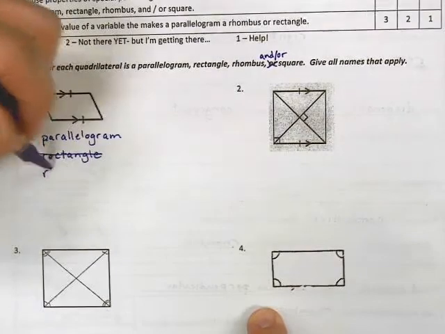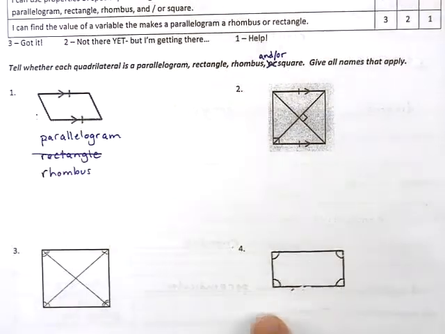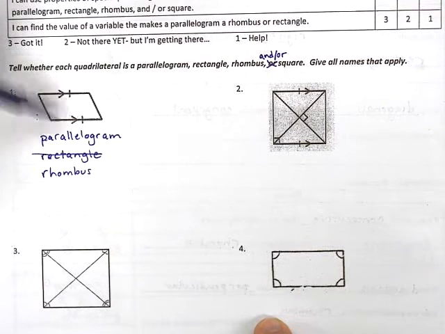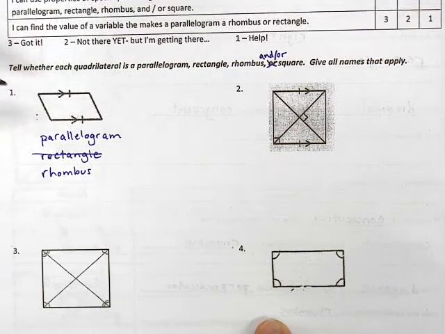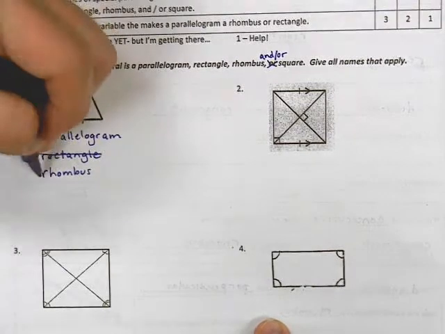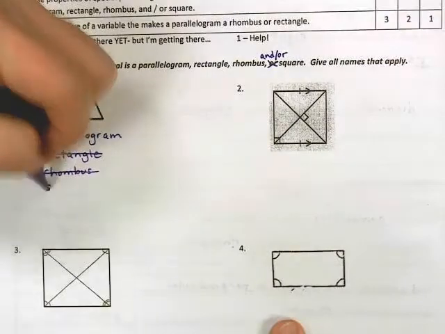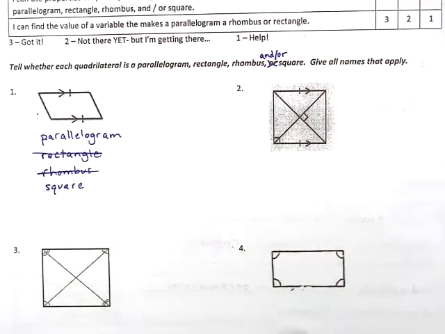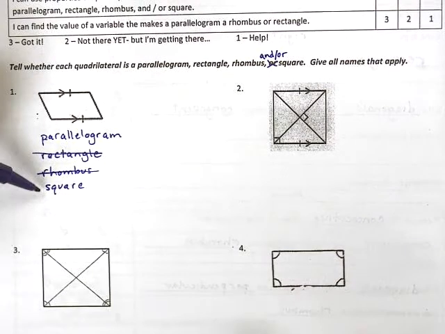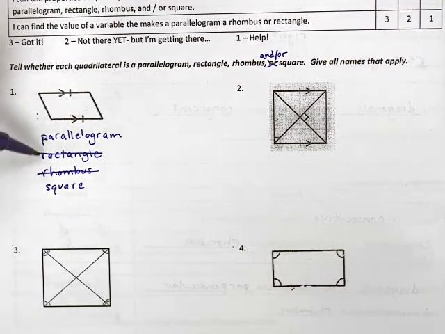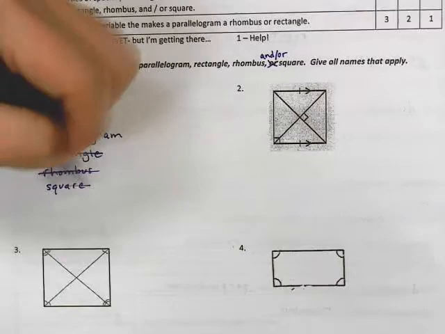Let's check for rhombus now. Well, let's see. We already knew it was a parallelogram, but to become a rhombus we need to have all four sides congruent, or diagonals perpendicular, or diagonals that bisect opposite angles. Nope, I don't have anything, so I can't put rhombus. Now square's the easiest. Squares occur when you have both a rectangle and a rhombus, and because both rectangle and rhombus are crossed off, it's not a square.